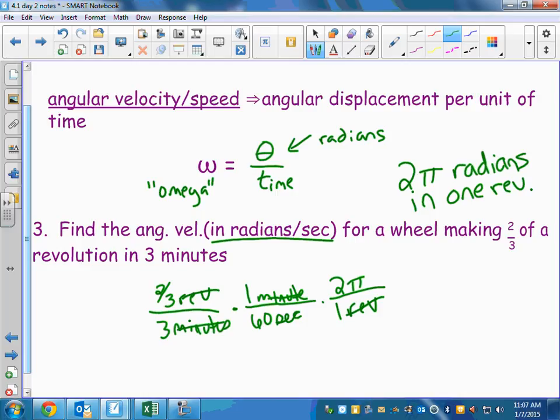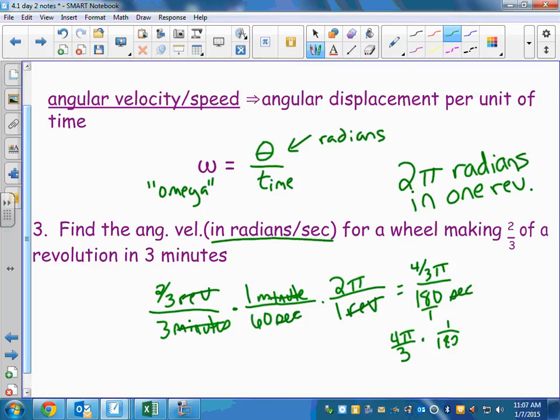Oh man, then what happens? So if I just multiply the top, I get 4/3 pi over 180. That would be in radians per second. You think I want you to leave your answer like that? No, we don't leave a fraction in a fraction. If I divide by 180, isn't that the same as multiplying by 1 over 180?